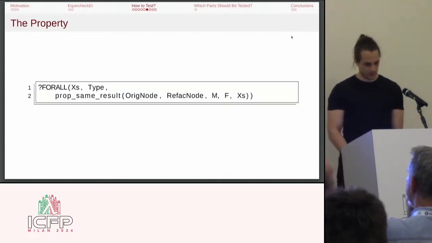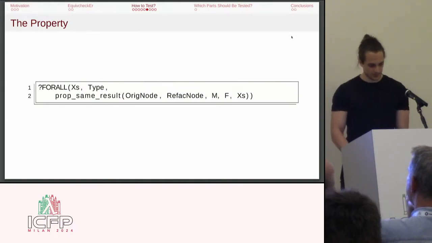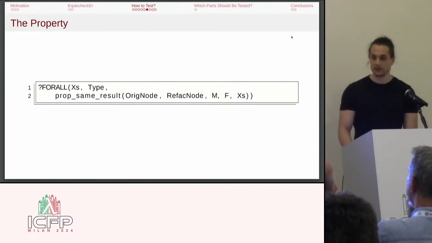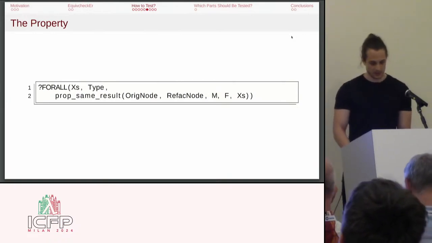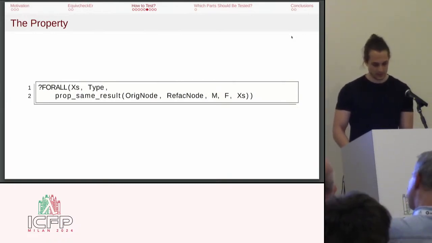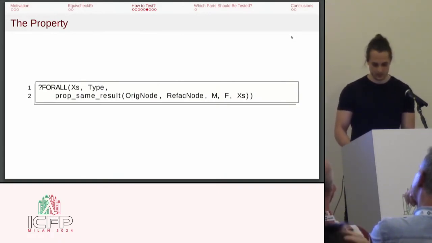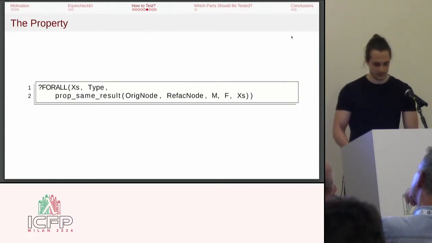So here you can see the property we used. What we want is that for all x's, these x's will contain the function arguments that we are currently evaluating. We also have to provide the type, which is the type of the arguments. I will tell you how we determine this type later.